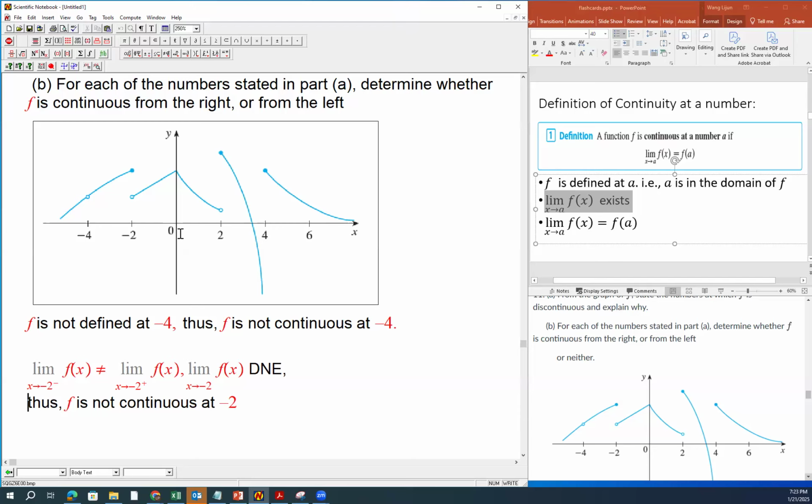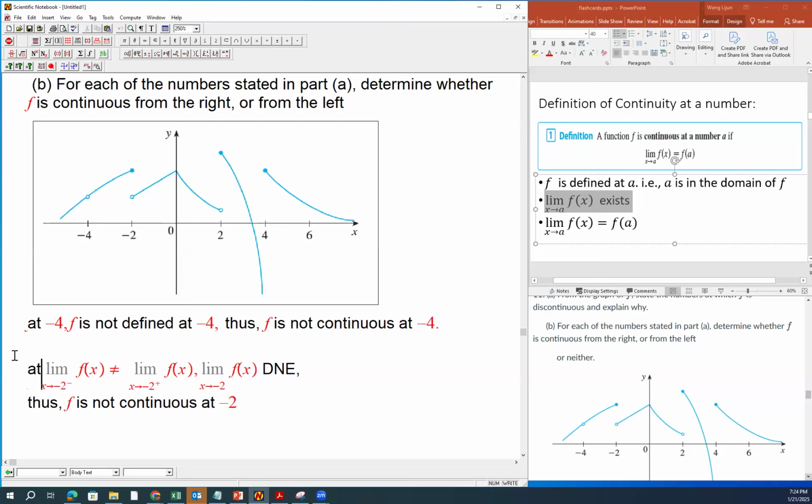At 0. How about at 0? So this is at -4, and this is at -2. And how about at 0? Is it continuous at 0?